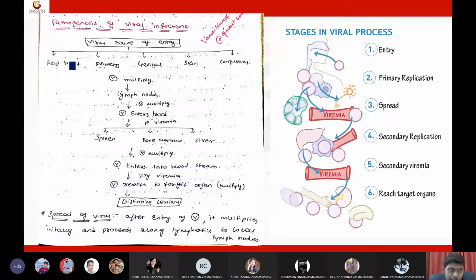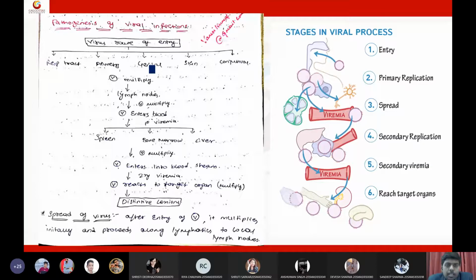For example, a respiratory virus like COVID-19. Coronavirus will enter our body via the respiratory route, whereas rotaviruses and poliovirus will enter our body via the stomach, the alimentary route, via contaminated food. Sexually transmitted viruses like HIV and herpes viruses will enter our body via the genital region because their route of transmission is sexual.